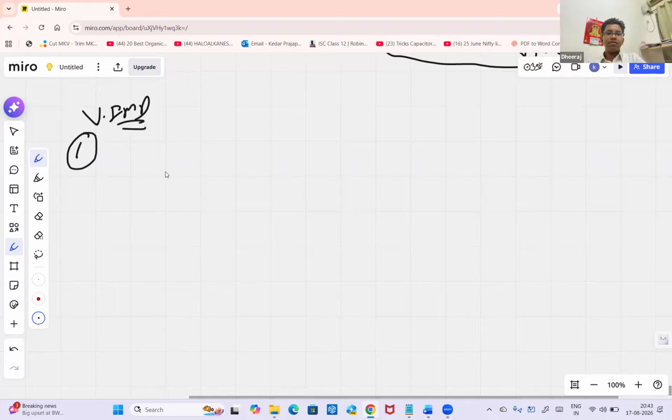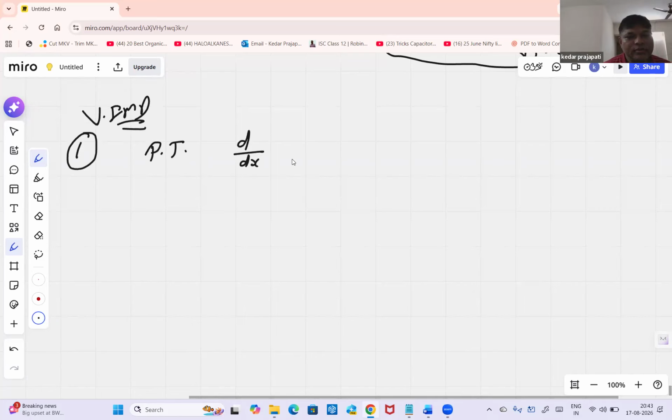So they have given: prove that d by dx of mod x is equal to x by mod x, where x is not equal to 0.